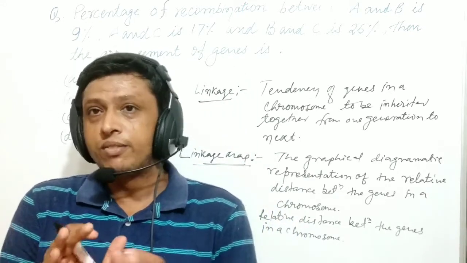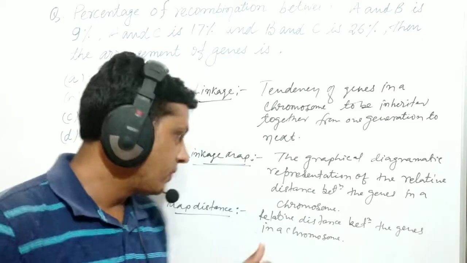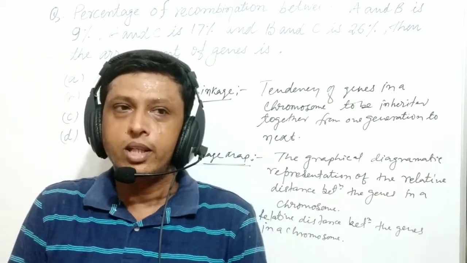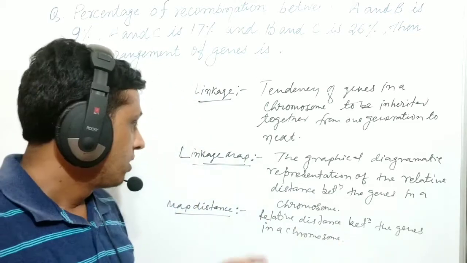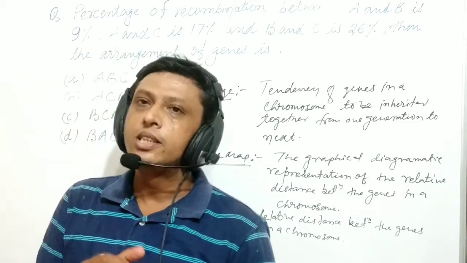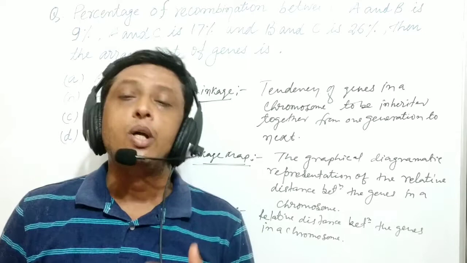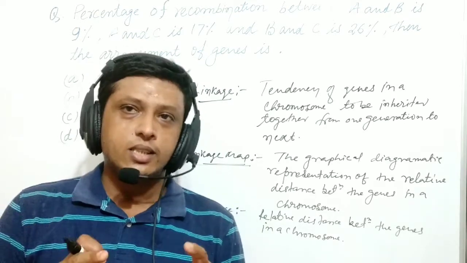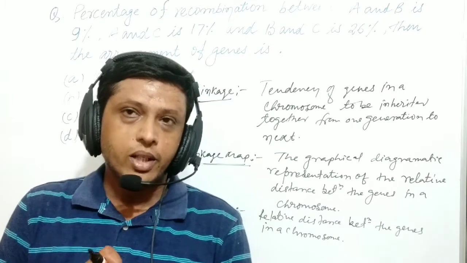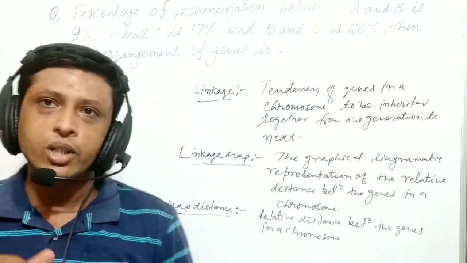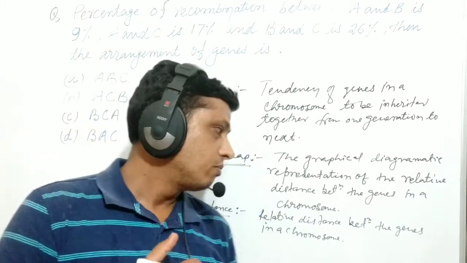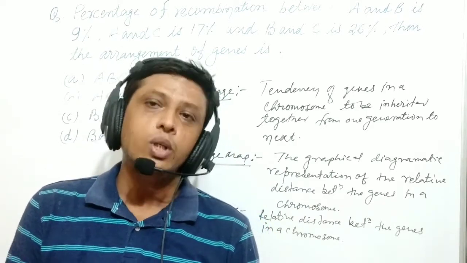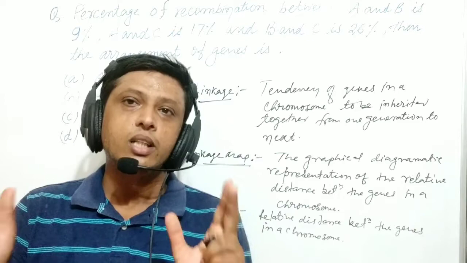This distance is not physical distance. It cannot be measured by any scale or any tape. This distance is measured in terms of the frequency of recombination, how much the genes are recombining during meiosis, and that frequency is directly proportional to the relative distance between the genes.